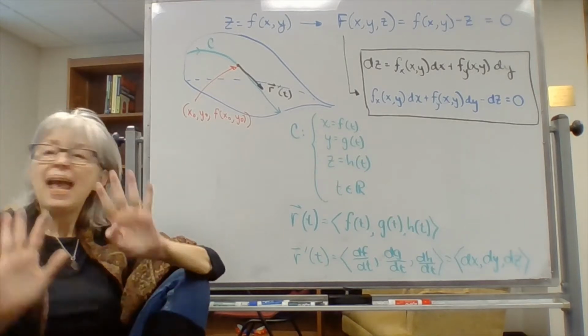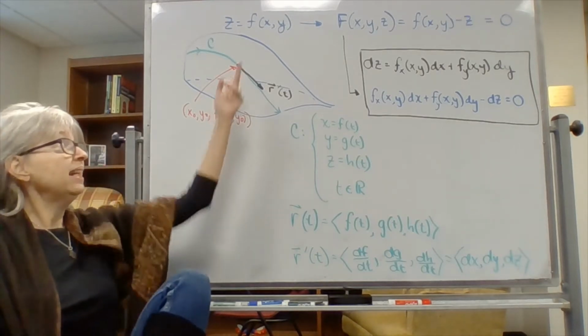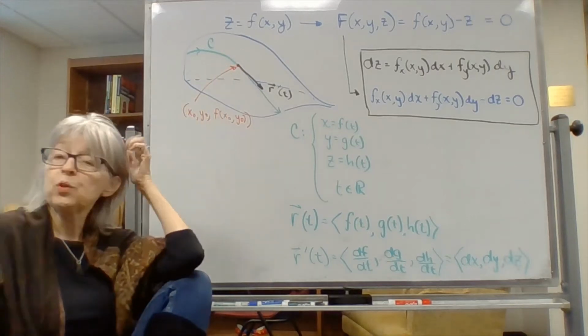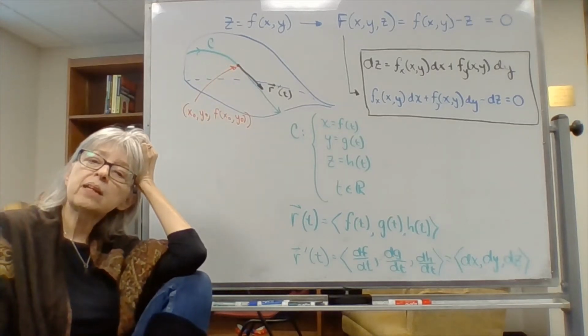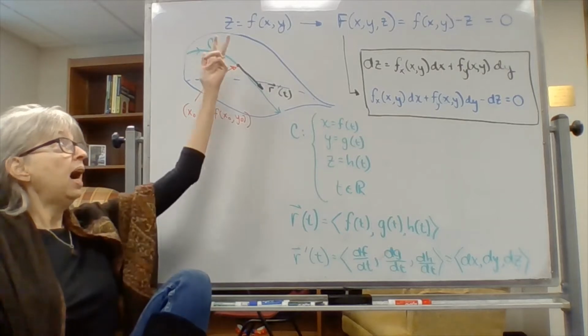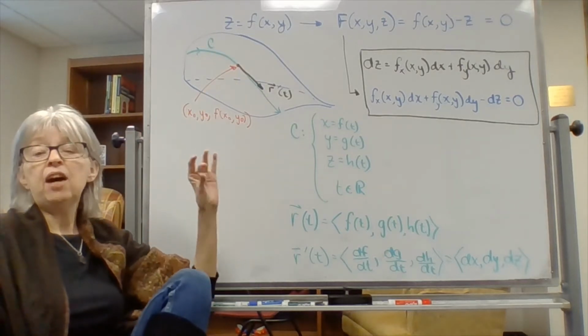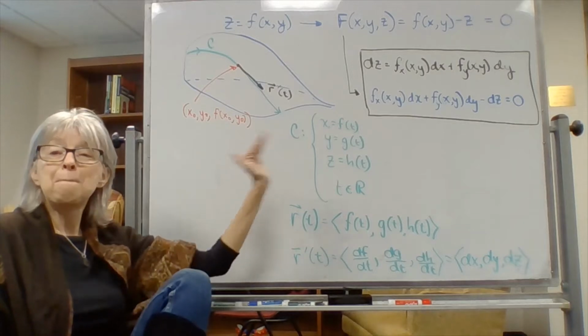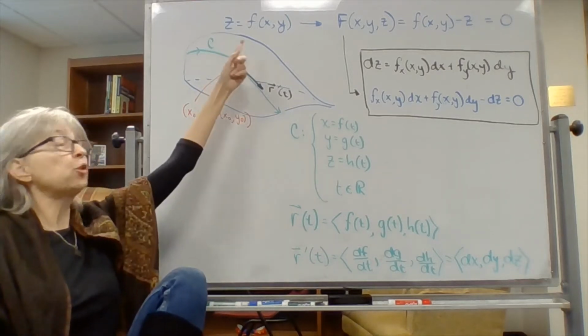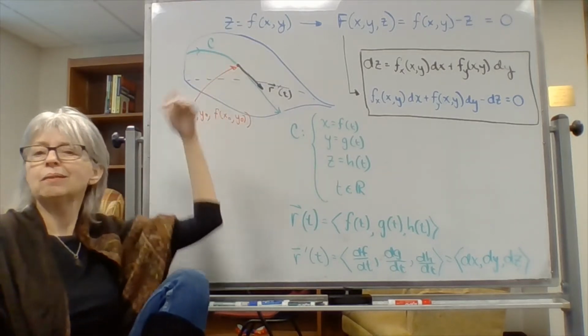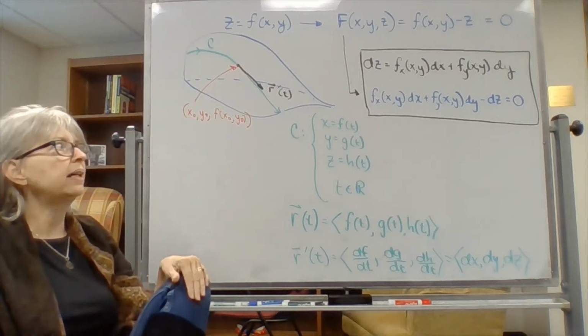Big F is a 3-variable function. And all I've done is I've taken z equals little f of x comma y. I've rewritten that equation as little f of x comma y minus z. Well, if I subtract z from both sides of that, I get 0 on one side.